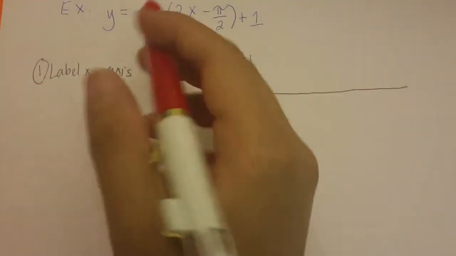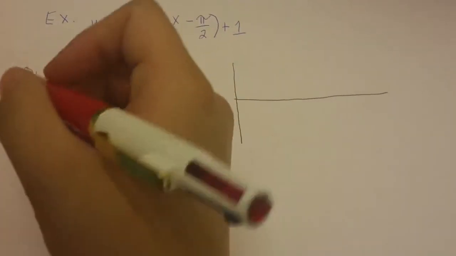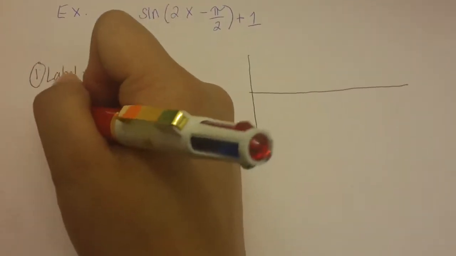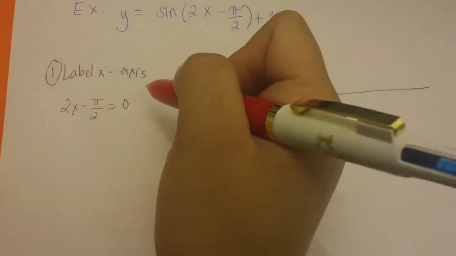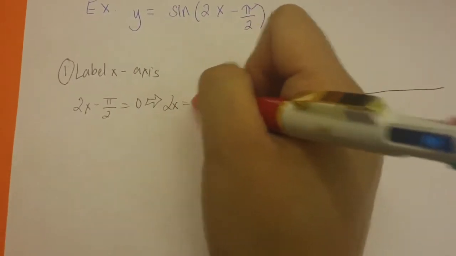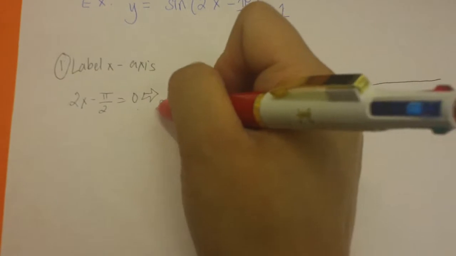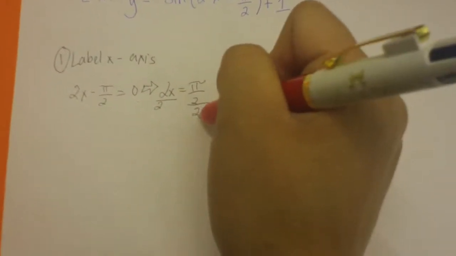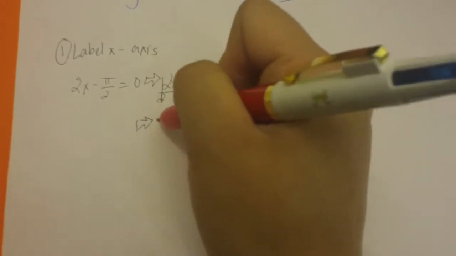So the way you label axes is first you set whatever is inside the parentheses equal to 0. So 2x minus pi over 2 equals 0. You solve for x. So you're going to get 2x equals pi over 2 by adding pi over 2 to both sides. And then you're going to divide both sides by 2. So flip and multiply. This becomes 1.